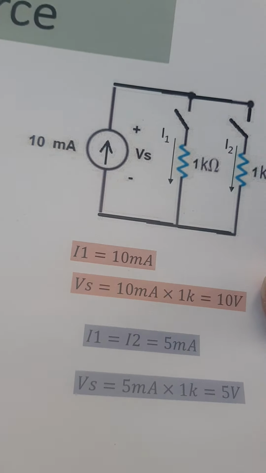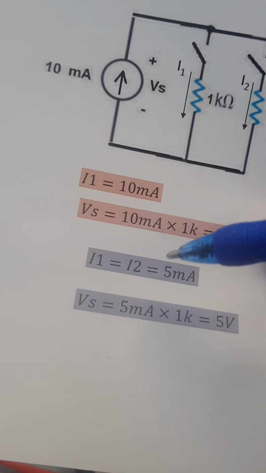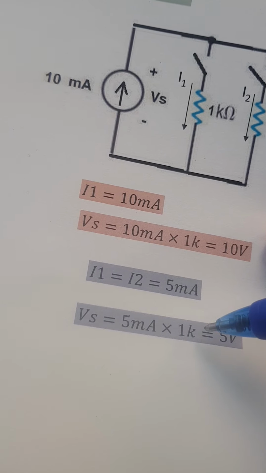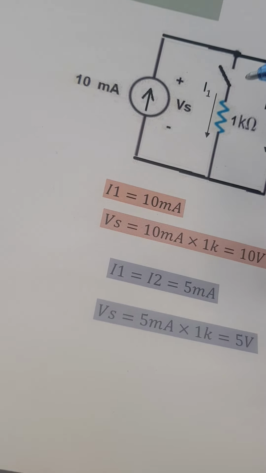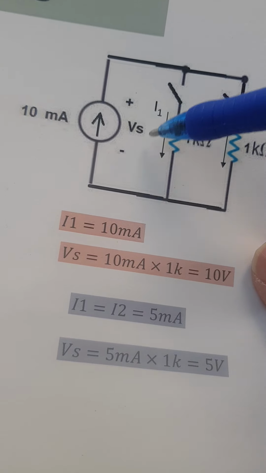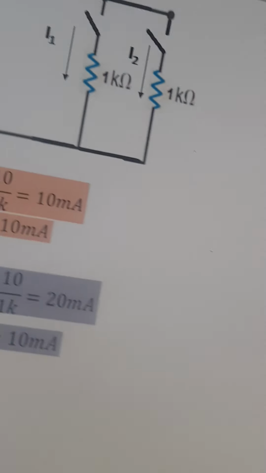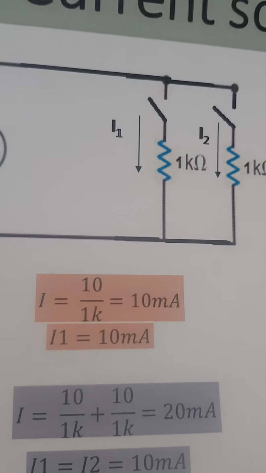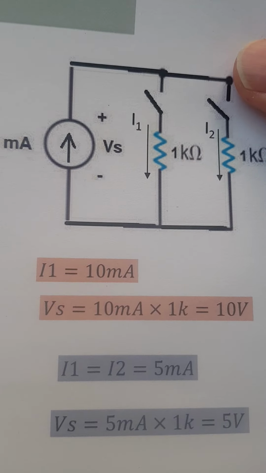Not only that, but the voltage has also been reduced, because the voltage here becomes 5 milliamps times 1K, so it is 5 volt and 5 volt. So both the voltage and the current for each of those two loads have been reduced. This is why we prefer to use a voltage source over a current source.